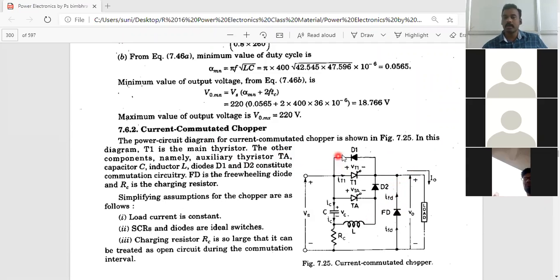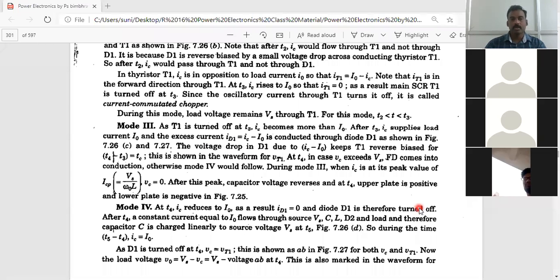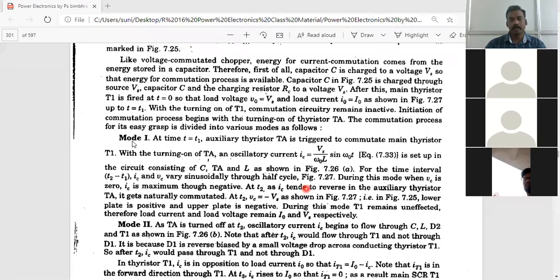Or else, if this current commutation or voltage commutation is not provided, there will never be a variable voltage provided across the load. So this is the current commutated chopper. The complete operation is also divided into mode 1, mode 2, mode 3, like that.